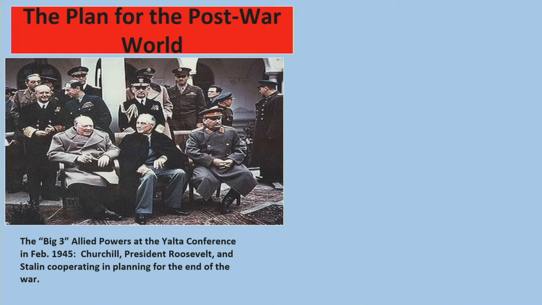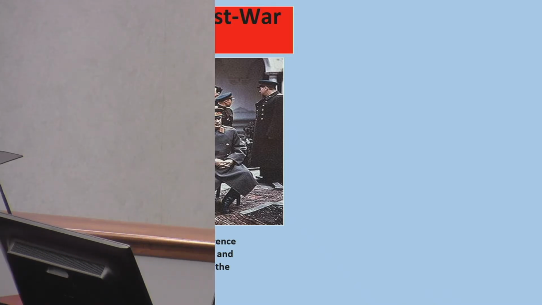And Joseph Stalin is the General Secretary of Soviet Russia and has been their ruler since 1924. Right? These gentlemen had worked together throughout most of the war. They were comfortable with one another, and they got together in February of 1945 and made some decisions about what was going to happen with Germany and Poland and other places in Eastern Europe. We called them the Big Three, all right?